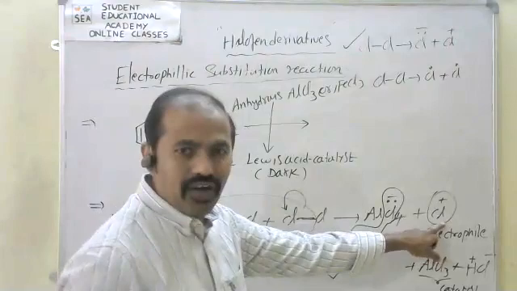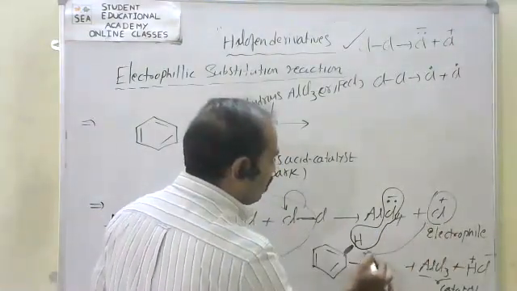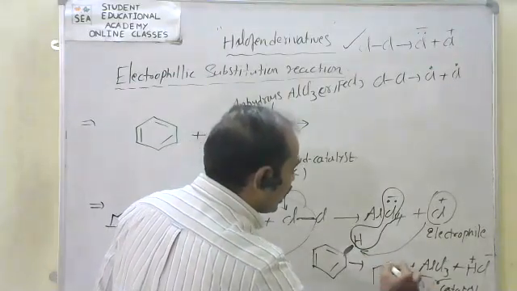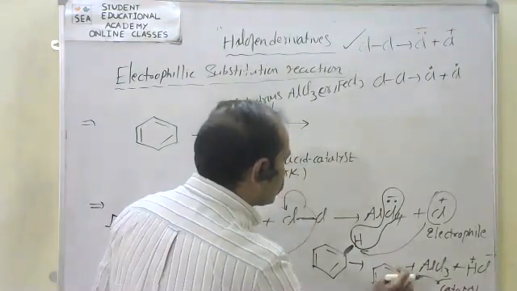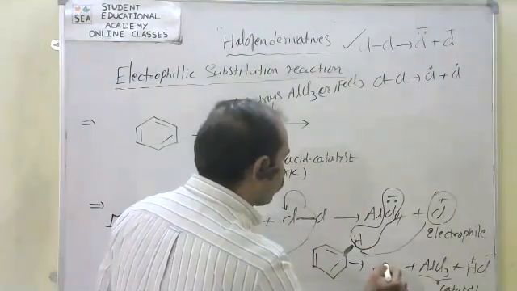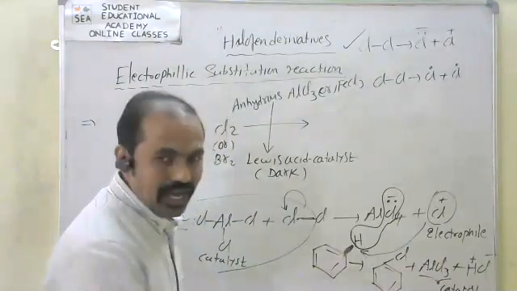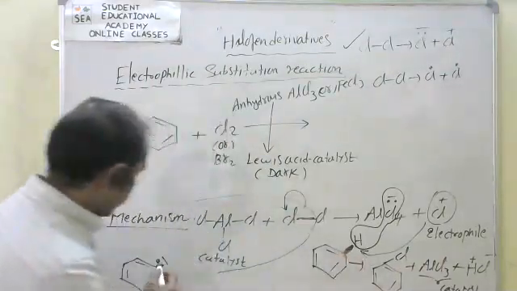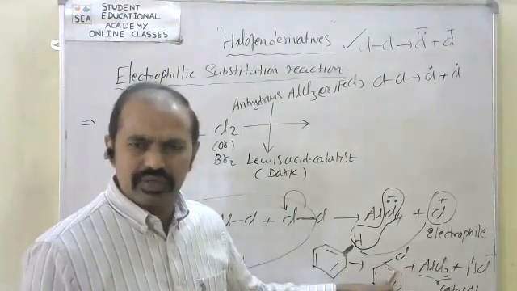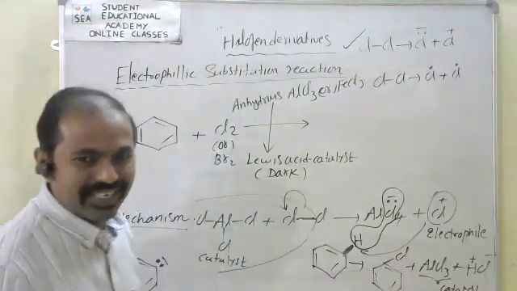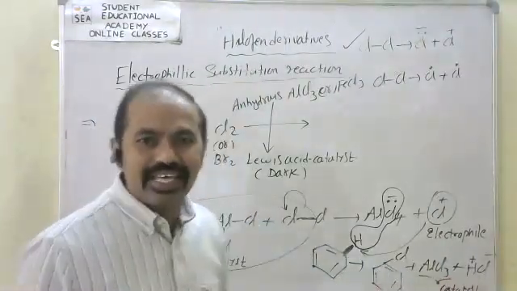So the electrophile substitutes on that place. Using the two electrons, it can form a bond with chlorine. We get chlorobenzene. See, finally chlorobenzene, HCl, and AlCl3.